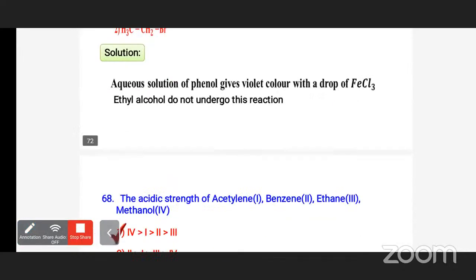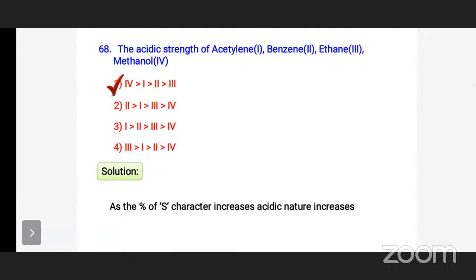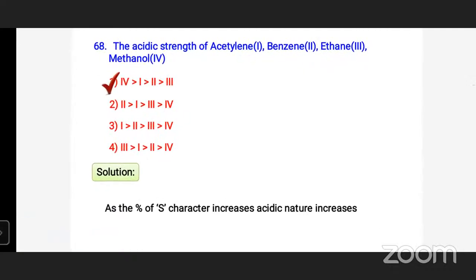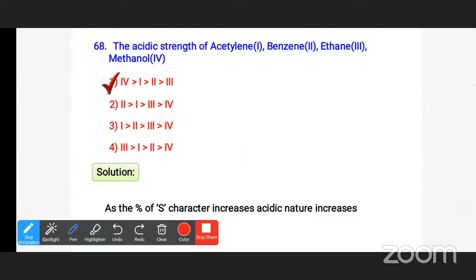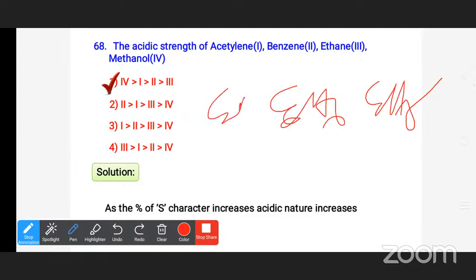Ethyl alcohol. The acidic strength: number 1 acetylene, number 2 benzene, number 3 ethane, number 4 methanol. Acetylene, benzene, ethane C2H6, methanol CH3OH.